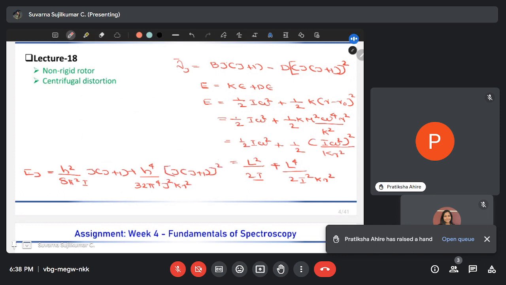We can represent this expression in terms of the wave number as well, that is Ej divided by hc: Bj into (j plus 1) plus h cube divided by 32 pi raised to 4 I square k r square c j into (j plus 1) the whole square.